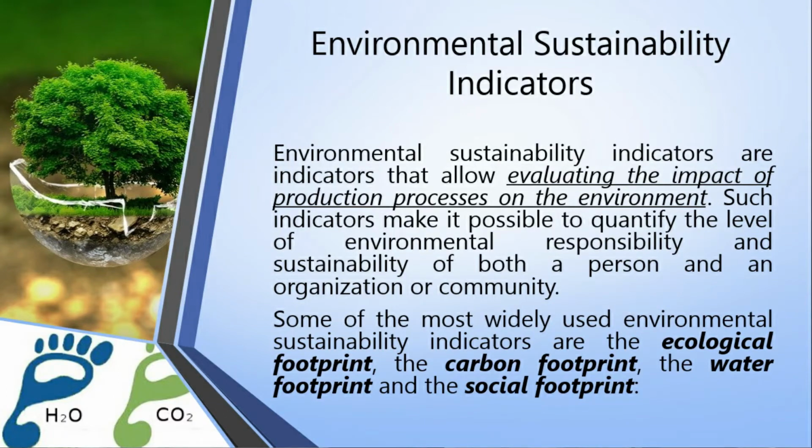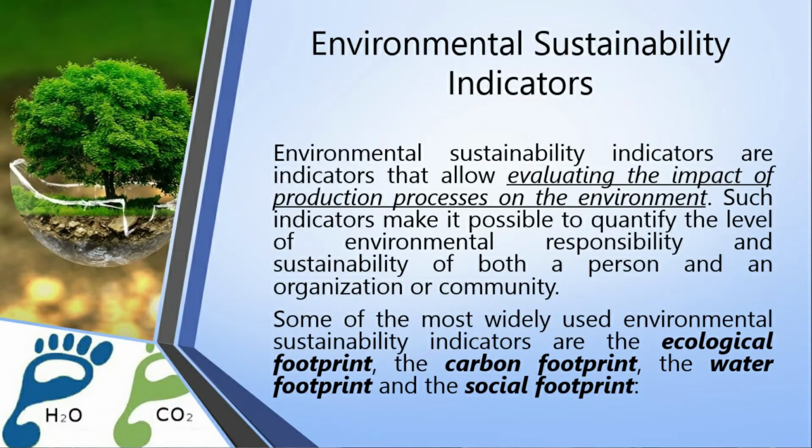Environmental sustainability indicators are indicators that allow evaluating the impact of production processes on the environment. Such indicators make it possible to quantify the level of environmental responsibility and sustainability that a person, an organization, or a community can have. So the indicator is a way to measure.